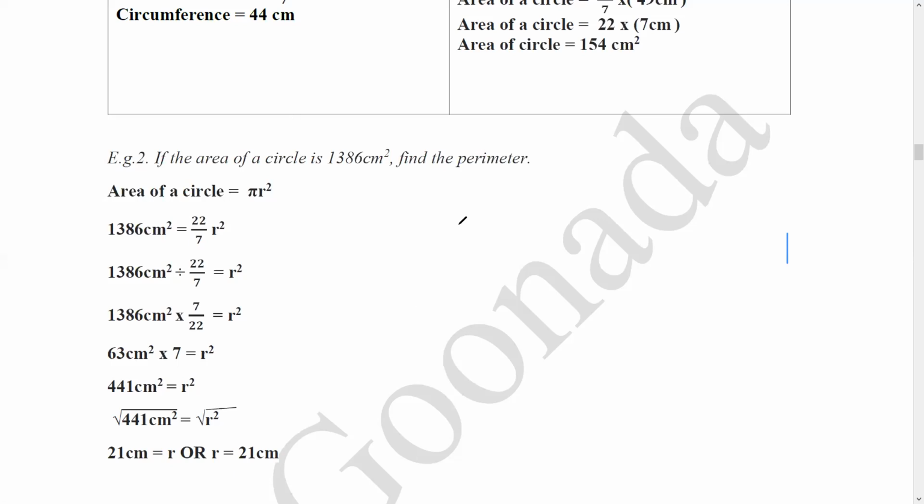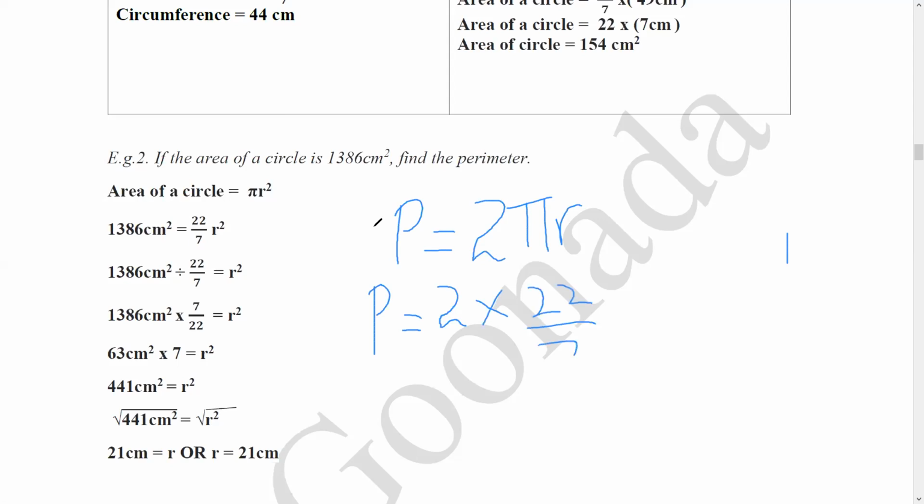Yeah, I could write it in. So perimeter is equal to 2 pi r. And since we just found the radius, perimeter is equal to 2 multiplied by pi, which is 22 over 7, multiplied by the radius, which is 21.